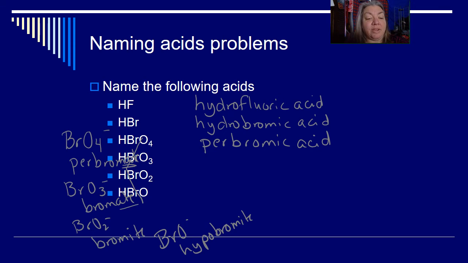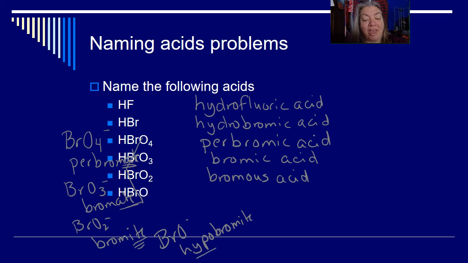The next one is bromate. Bromate becomes bromic acid. Bromite becomes bromous acid. And hypobromite becomes hypobromous acid.